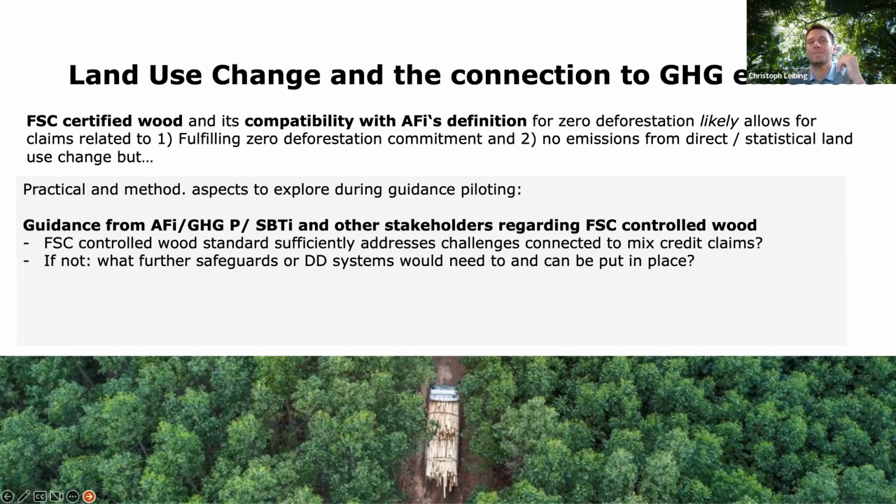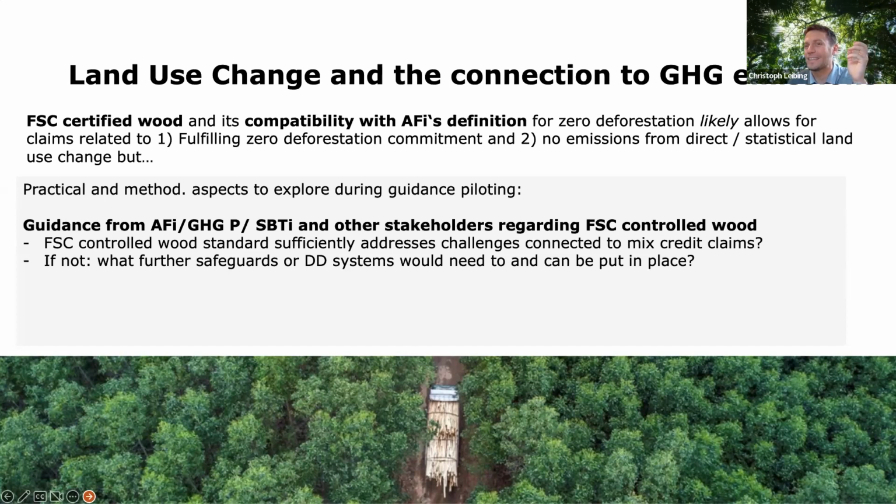One is around the controlled wood aspect of FSC. FSC is a mixed credit claim. Of course, there's FSC 100% also, but in the very rare cases only this is the case. In the vast majority of cases, FSC wood is a mixed credit system, and it has its minimum requirements also on controlled wood. But how good have these minimum requirements to be audited?